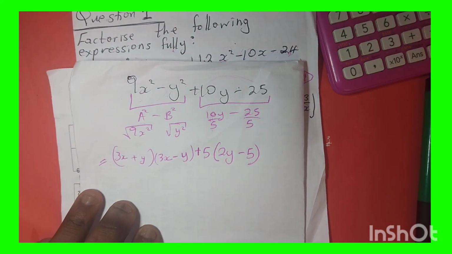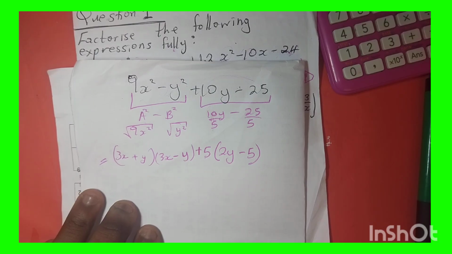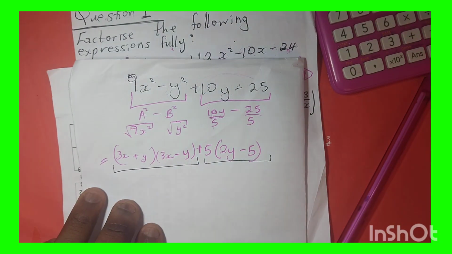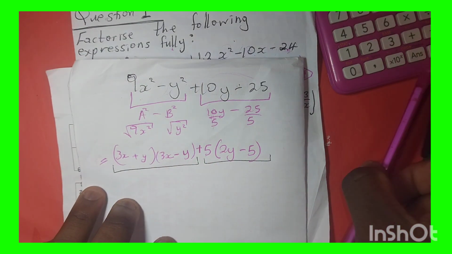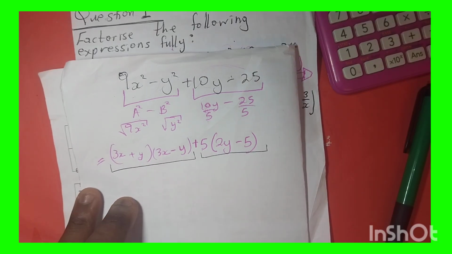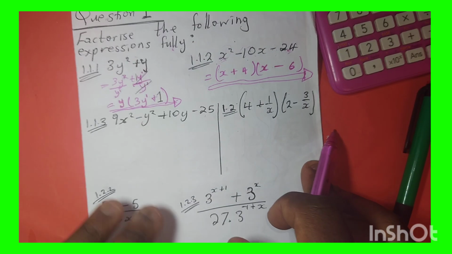Here you didn't factorize fully, because you still have a common factor. So grouping like this is not a wrong method, actually, but it's not a full method. Let me show you a correct one.